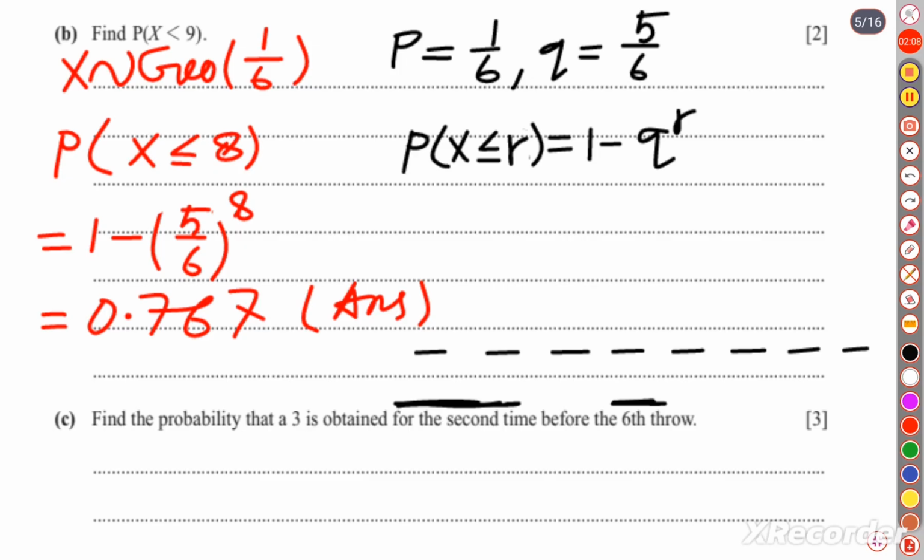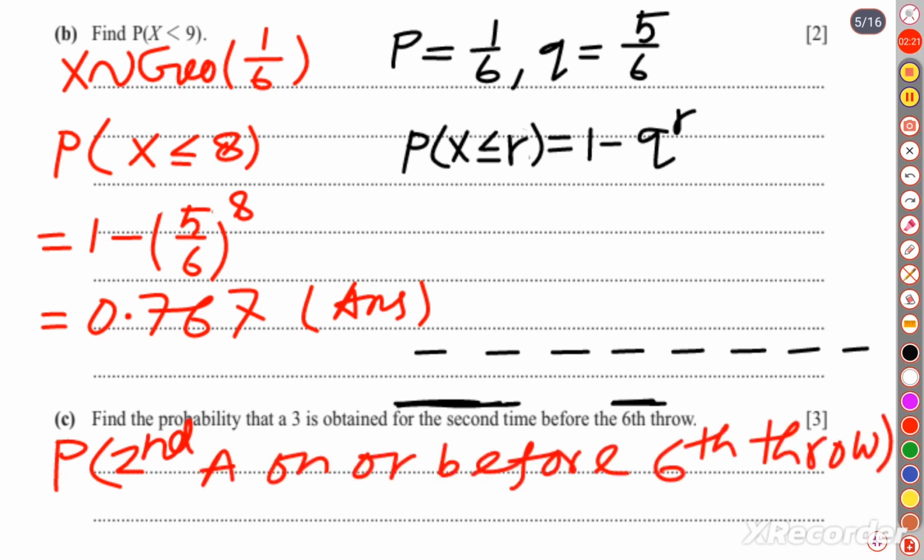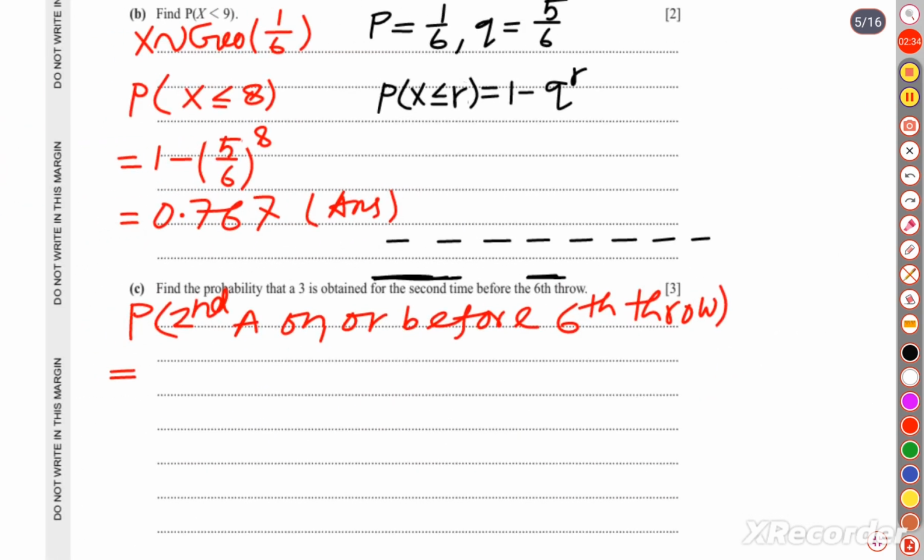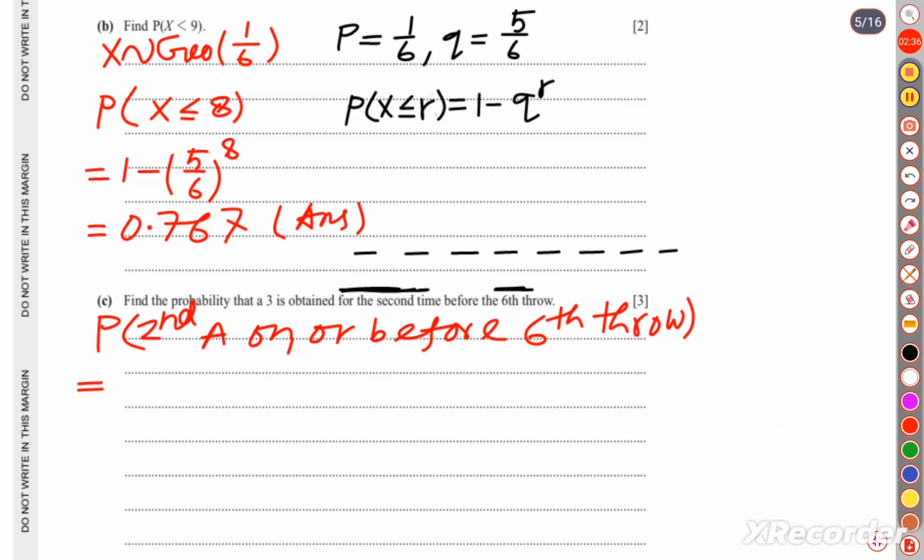Probability of the second A3 on or before the sixth throw is equal to, we'll have to calculate the probabilities individually. So what are the possible cases?